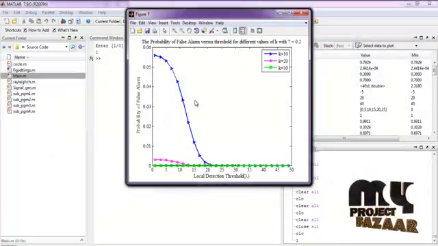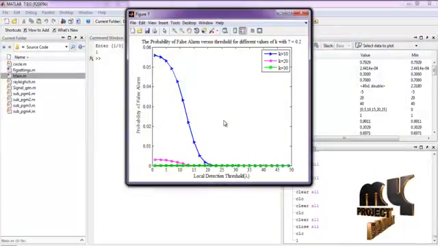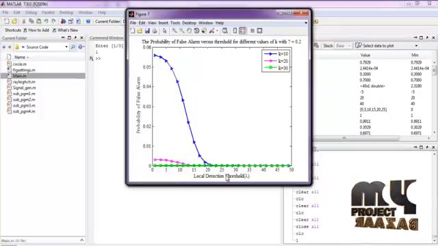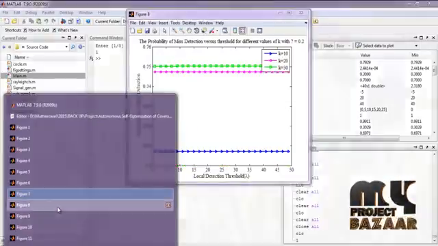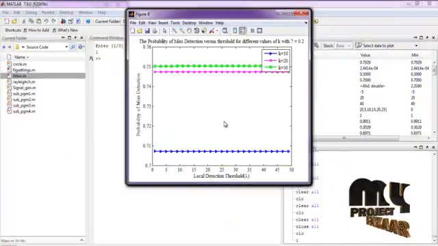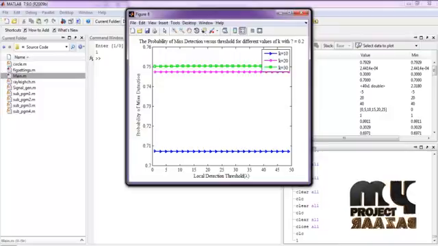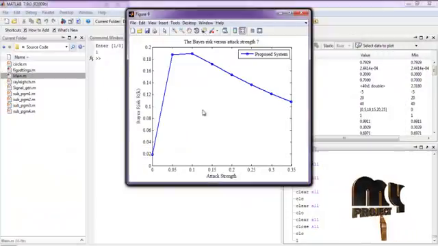This is the probability of false alarm by varying the local detection threshold lambda for different k values. And for misdetection probability, we obtain the probability by varying the local detection threshold.